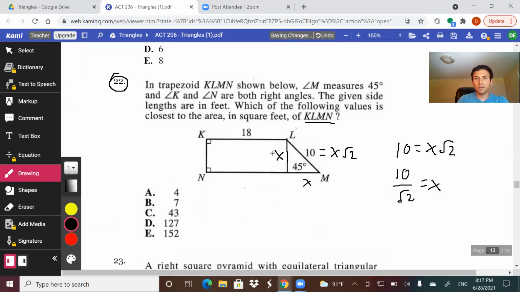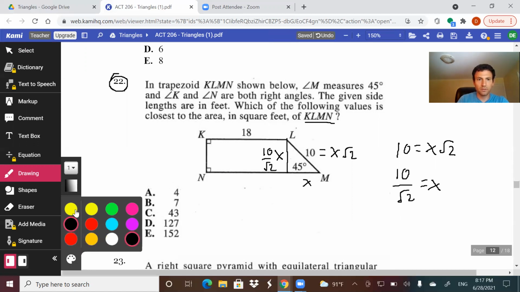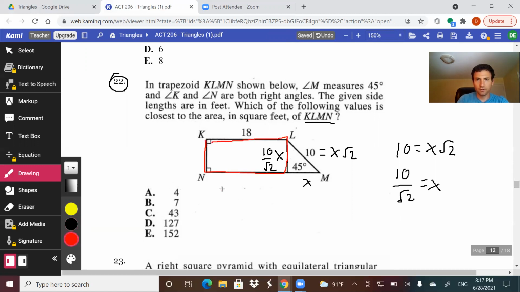So if that's the case, let's calculate what this actually is. So we've got 10 divided by root 2 times 18 to get the area of this rectangle. And if we do that, we end up with 180 over root 2.